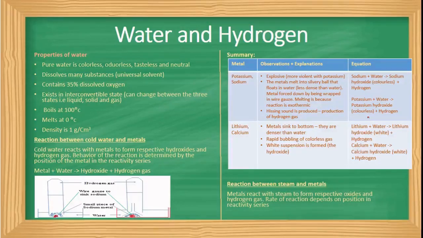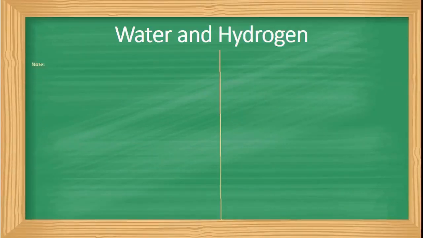Remember, with cold water, hydroxides are formed plus hydrogen. Here, oxides are formed plus hydrogen. The reaction, as was the case with cold water, is dependent on the position of the metals in the reactivity series. So metal plus steam gives metal oxide and hydrogen gas.